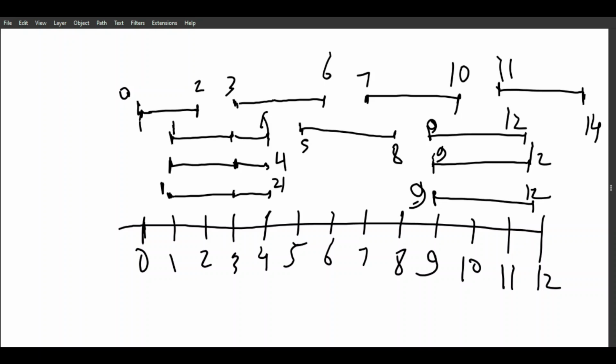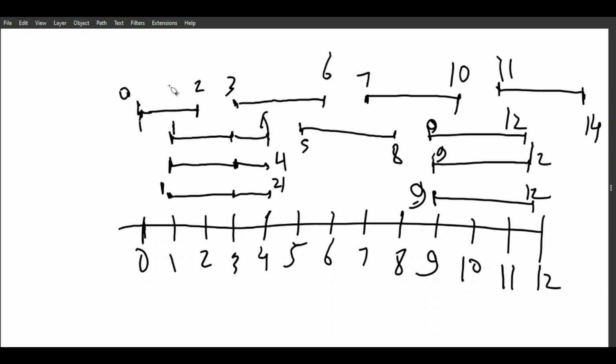So we apply our algorithm, shortest conflict first. We can calculate the number of conflicts for each. If we take this 0 to 2 interval, I will write the number of conflicts using a circle.